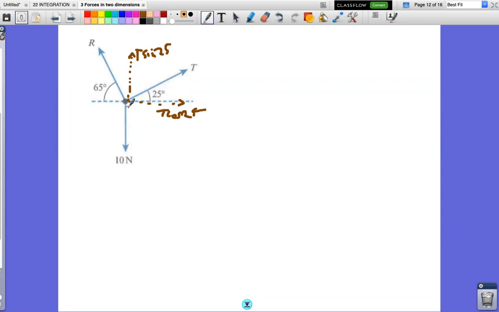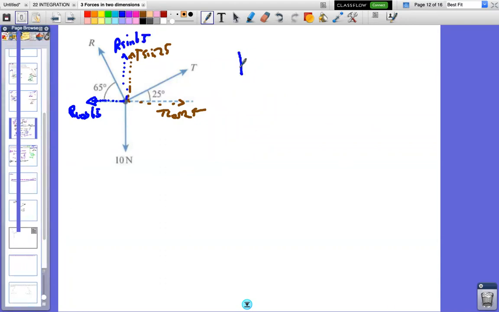And for the R force, we can resolve this way to have R cos 65, and that way we have R sine 65.